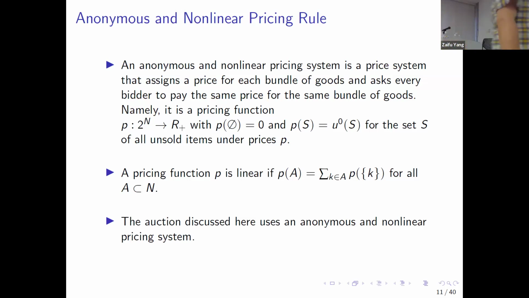Okay, then if the price function is linear, this means that for any bundle, the price of the bundle should be equal to the sum of all individual prices in the bundle.